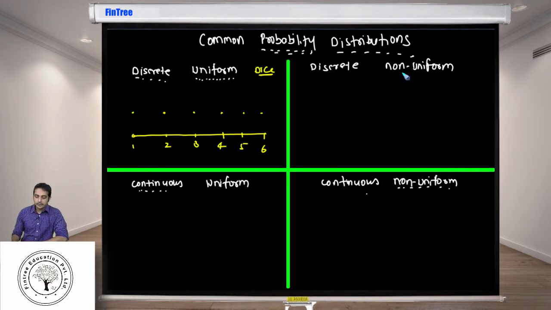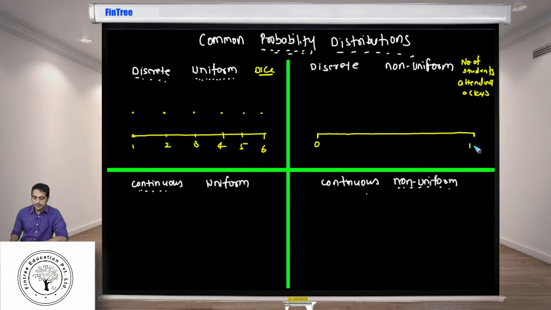So let us say average number of students attending a particular class. The range might start from 0 and let us say the maximum number of students in that particular school is 100. On an average you would see that there would be a very high frequency around 90, because on a single day there would be a few people not present in the class, but there would be very less frequency around this region.